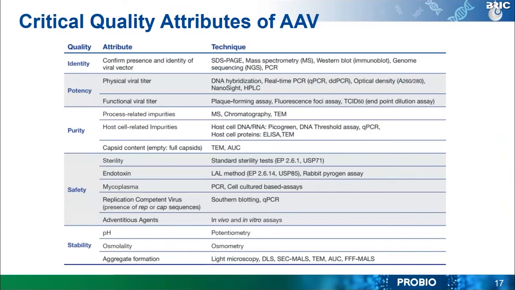Because AAV has empty capsid, VG titer and capsid titer will be measured respectively. In the aspect of purity detection, in addition to detecting the impurities related to the process, AAV empty ratio will also be detected.